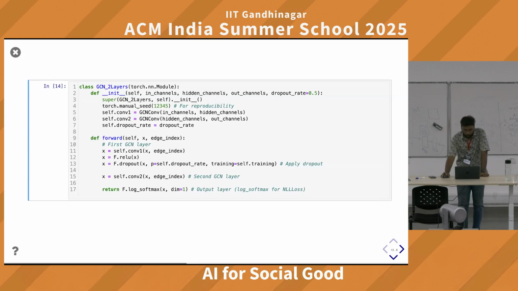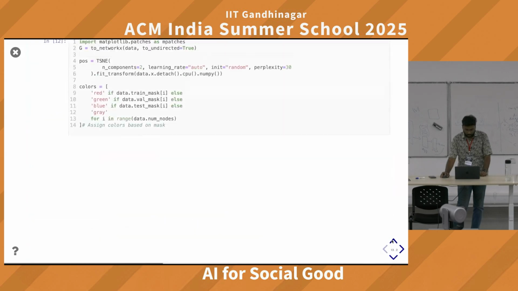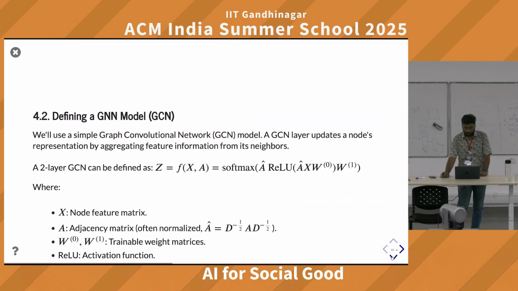Now we define the same thing that was drawn here. What we do is create a class, GNN 2 layers. This is the first GNN layer, where in channels is the number of node features that we had. When you created the graph manually, it was 2. Here, the features in the previous cell, I guess you can see, it was 1433.